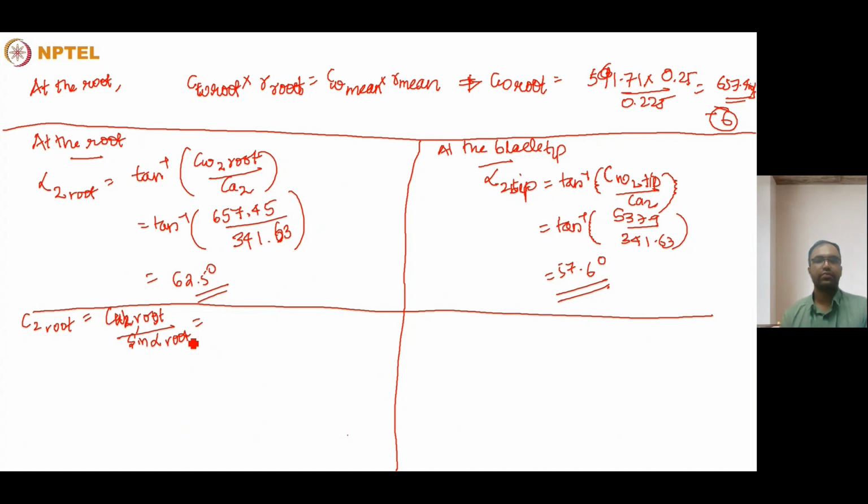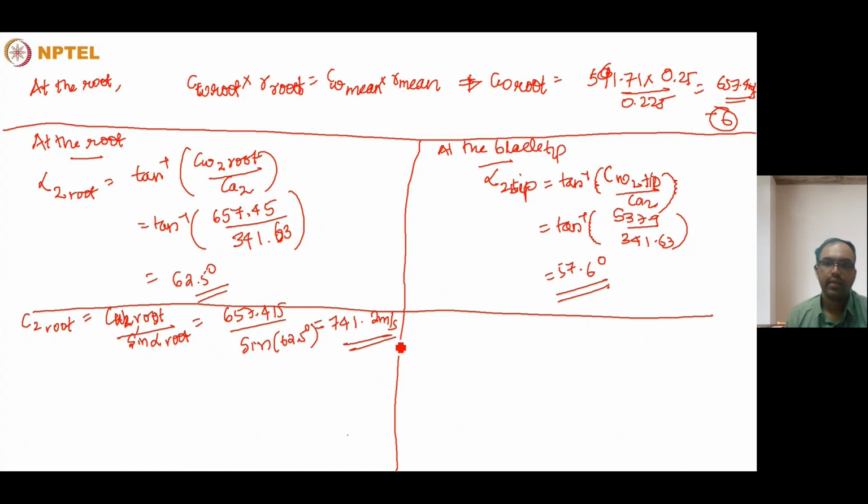CA root will be same as that of CA blade tip. CA value will be constant, divided by cos alpha value you can vary. So C2 root will be equal to 657.41 divided by sine 62.5 degree.